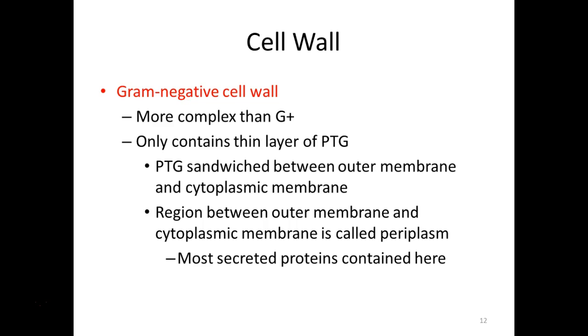That region between the two layers is referred to as the periplasm. And this is almost like an extra storage compartment for the cell. And it is typically considered outside of the cell, right? Once you pass the cell membrane, you're actually considered to be outside of that cell.